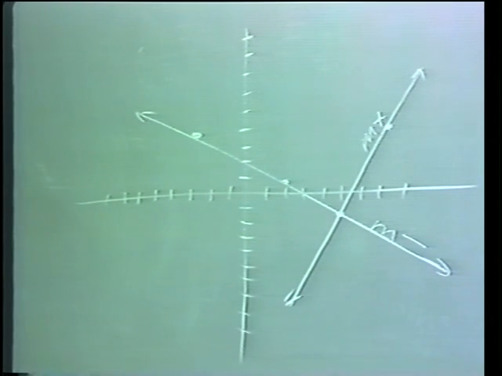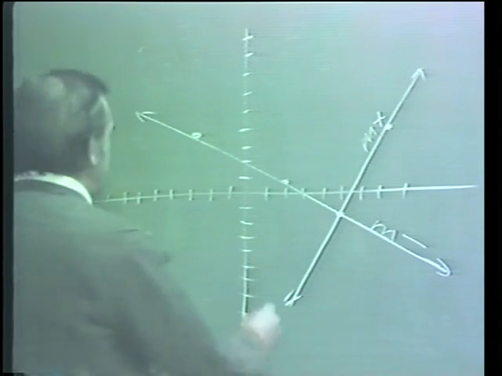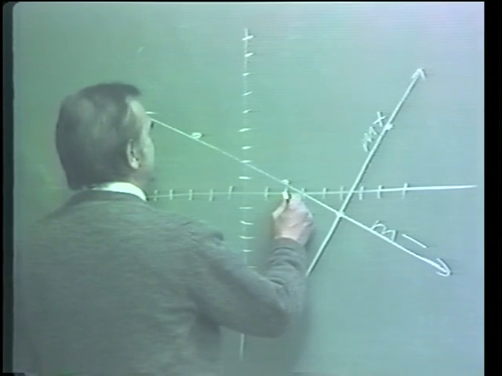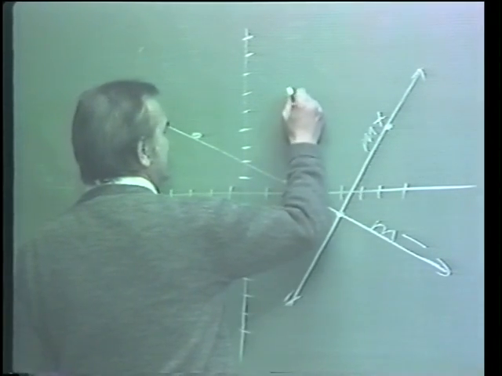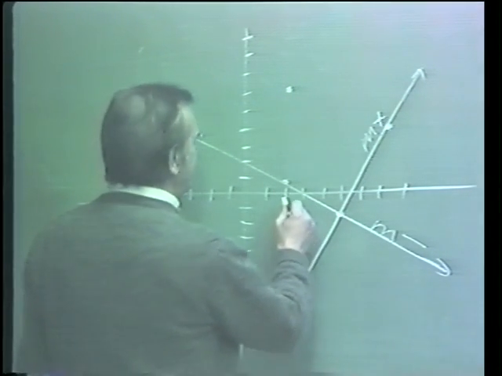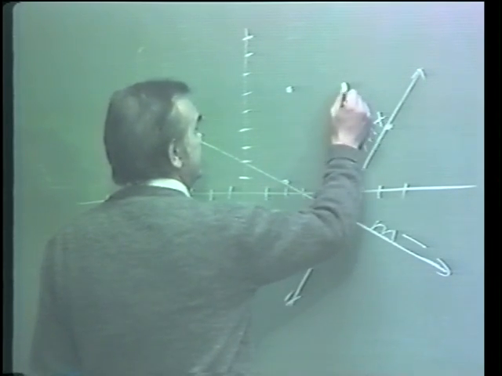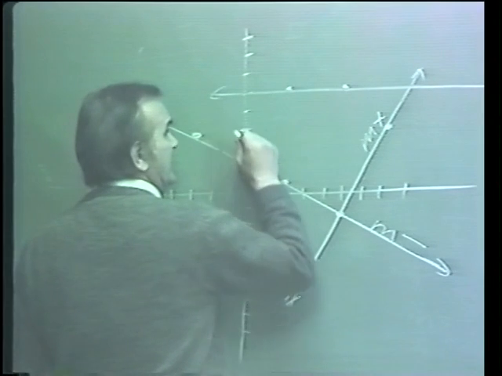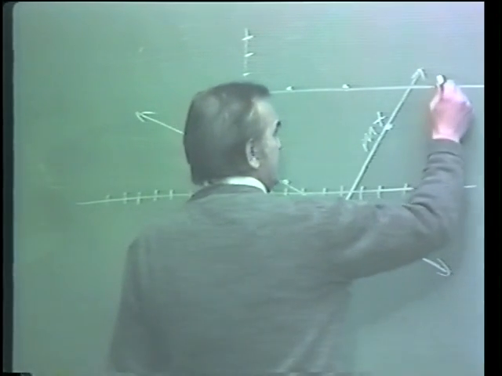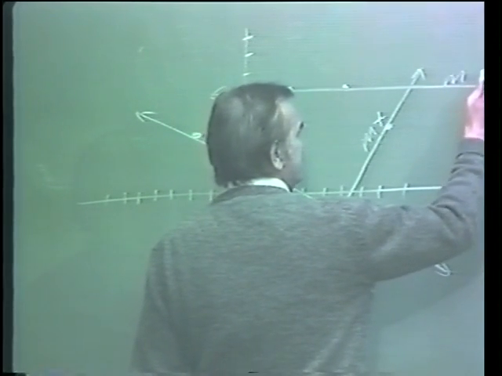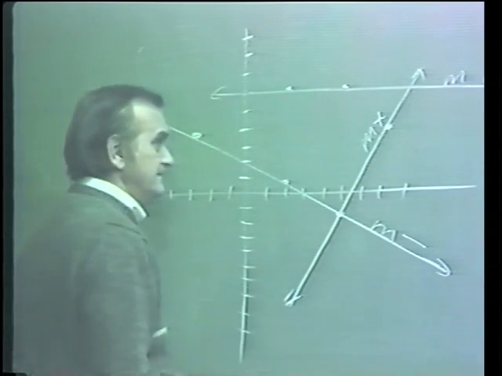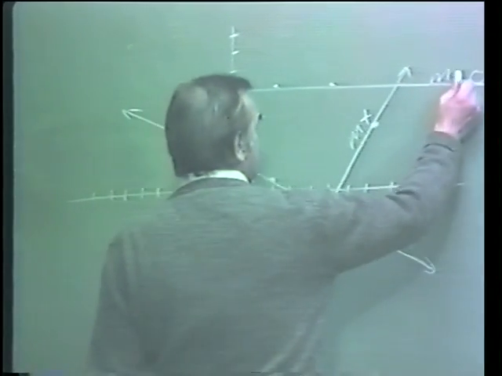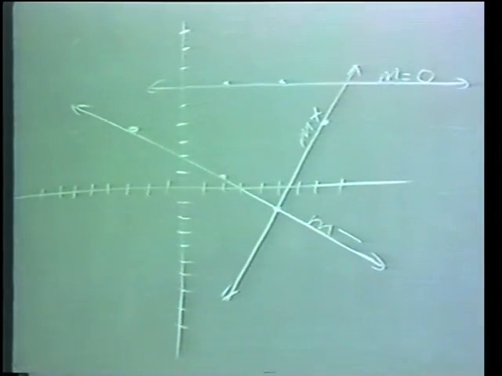Now the next line, made up of the points (2, 6) and (5, 6). And there we have a line, and the slope is 0.